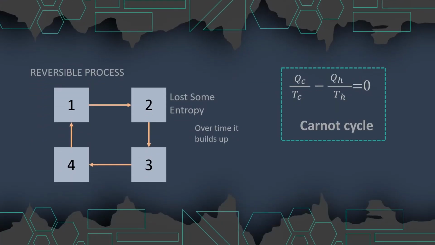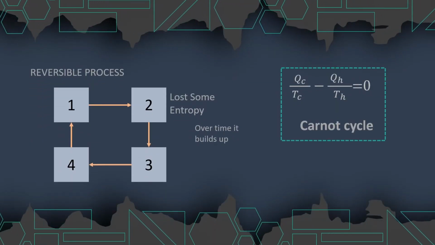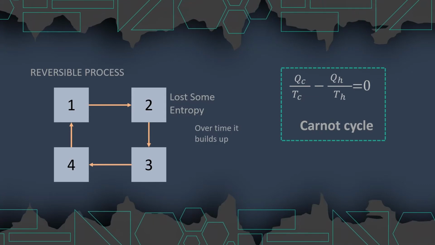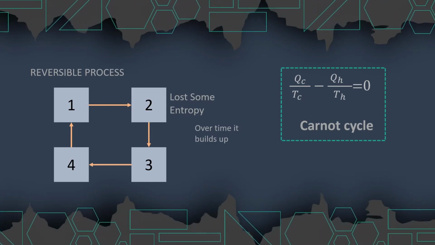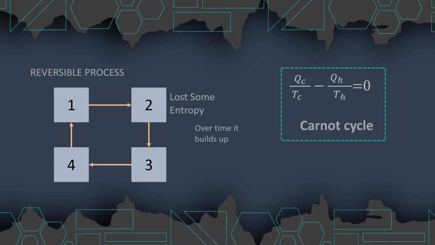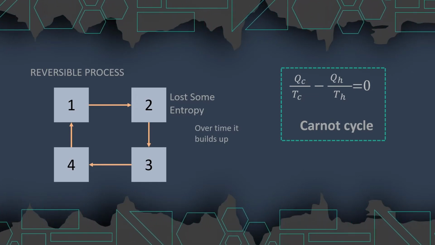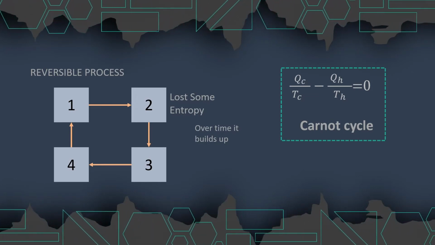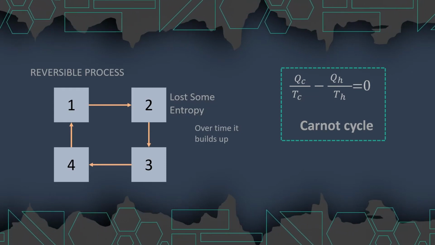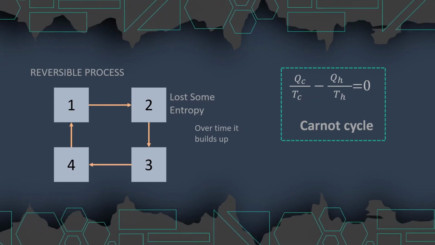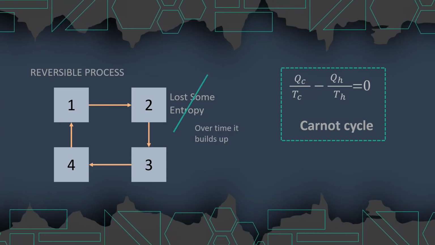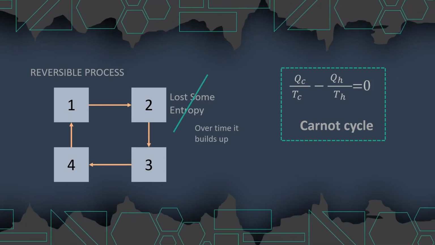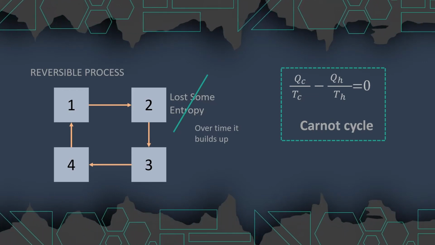If I lose some energy as entropy, I will not be in the same initial state at the end of the process. Therefore, the process cannot be a reversible process in that case. Now we can say the change in entropy for a reversible process must be zero.